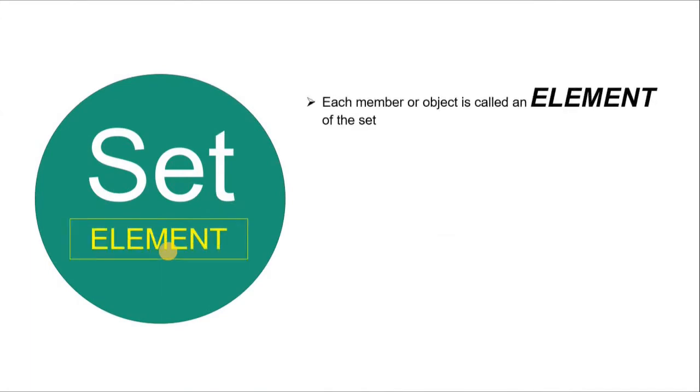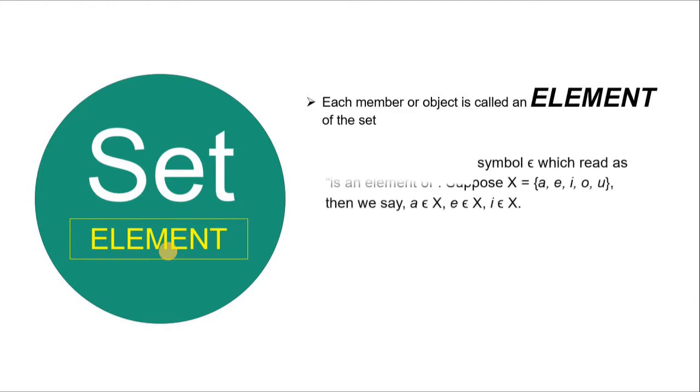Now, set element. Each member or object in a given set is called an element. Okay, yung member or the object inside the set is what we call an element. It is represented by the symbol ∈, as you can see in your screen, which is read as "is an element of."